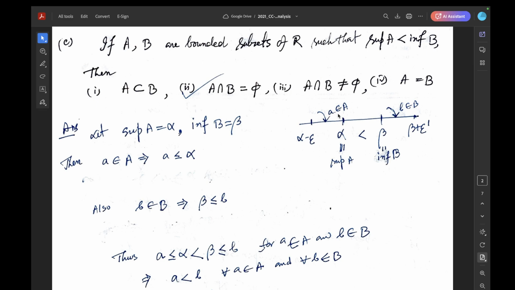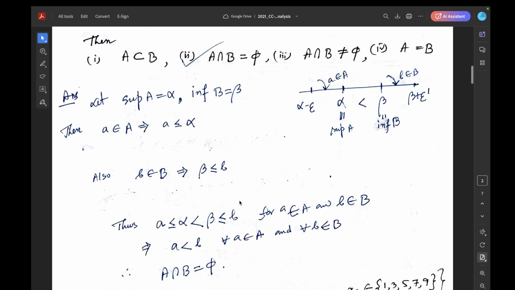So if a belongs to capital A, obviously this small element a is less than or equal to alpha, by the definition of supremum. Similarly, by the definition of infimum, if b belongs to the set capital B, then beta is less than or equal to b, because beta is the infimum.